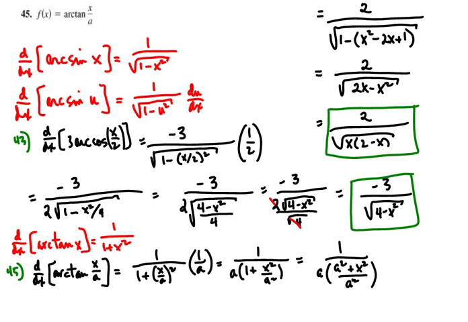Now when we do that, we have the a on the outside and the a squared on the inside, and that can cancel with one of them. And that would leave something like 1 over a times a squared plus x squared, or a squared plus x squared over a, however you'd like to do that.